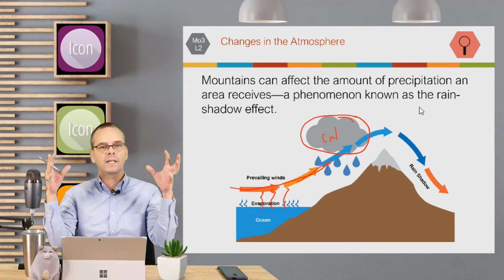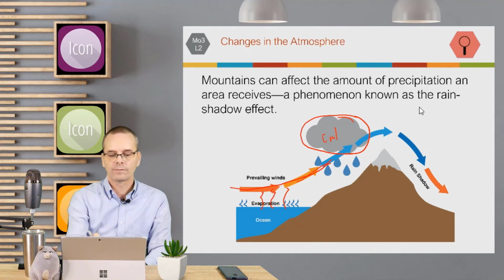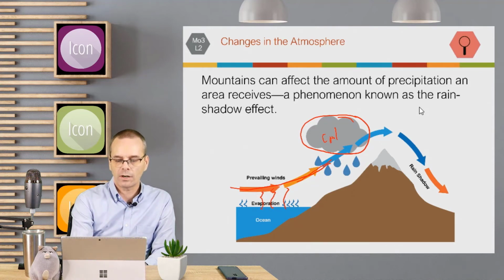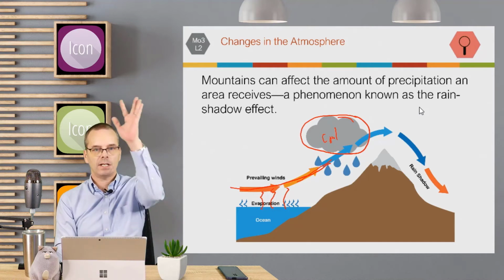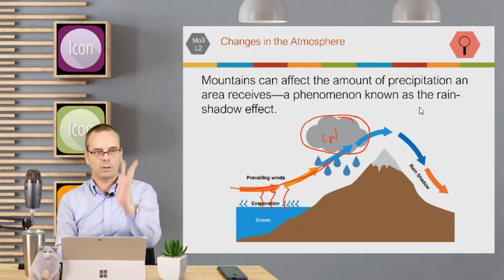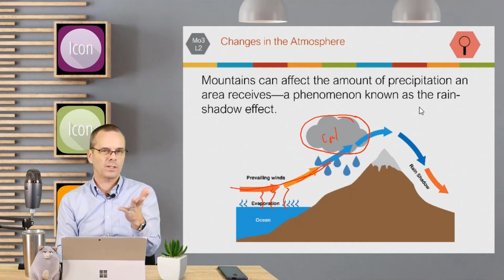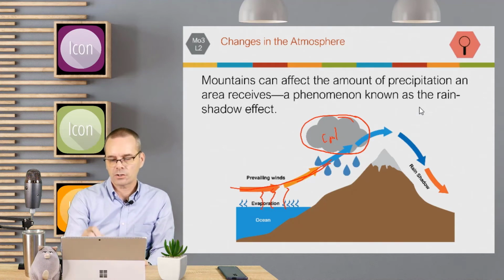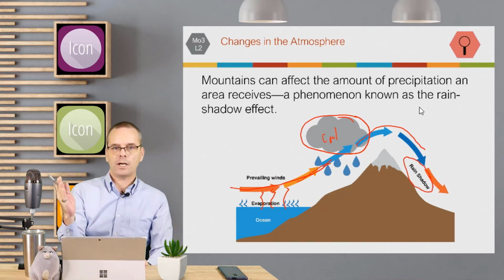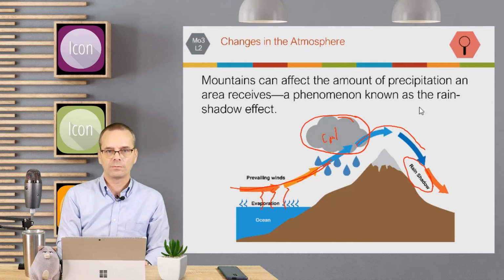And when it cools, it condenses, right? So now you have all this cool air that condenses into a cloud, and it starts to precipitate, or rain, or even snow. And then it continues, so all the rain's out, and it continues to push up over the mountain. And then on the other side of the mountain, you get something called the rain shadow.